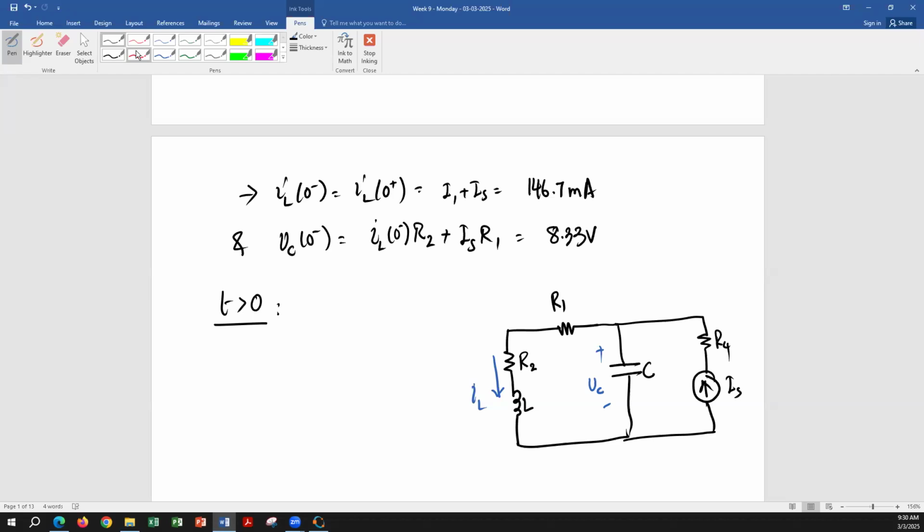And since we have a forcing function, IS, therefore the total response is going to be the sum of steady state response and of course natural response. So IL(t) will be equal to IL steady state plus IL natural, and similarly VC(t) will be equal to VC steady state plus VC natural.